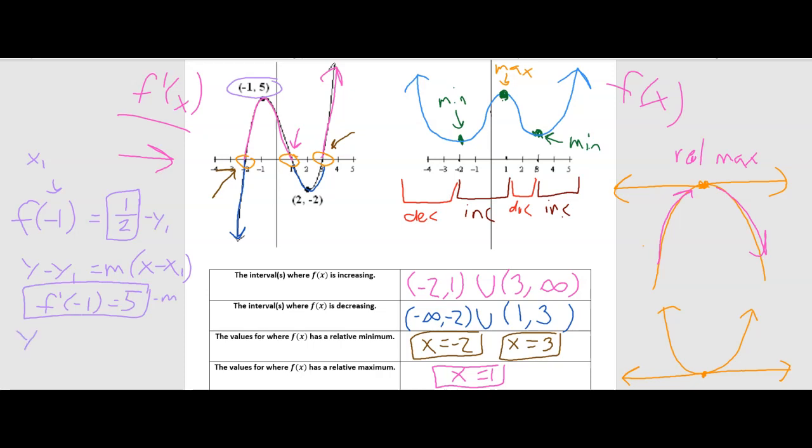So we get y minus a half is equal to 5 times the quantity x minus -1, which would be x plus 1. So this would be the equation of our tangent line of the graph of f of x at x equals -1. This would be that tangent line we were finding the equation of, right?